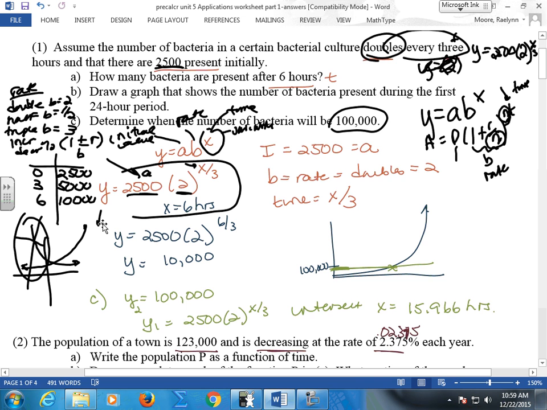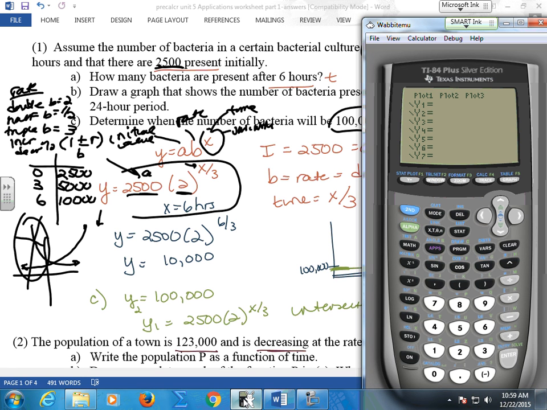So when we graph this, here's my rate, I'm doubling, okay, and I'm going to go every cycle x over 3, and I just put it up in my exponent. X divided by 3. Now, that's my initial value.